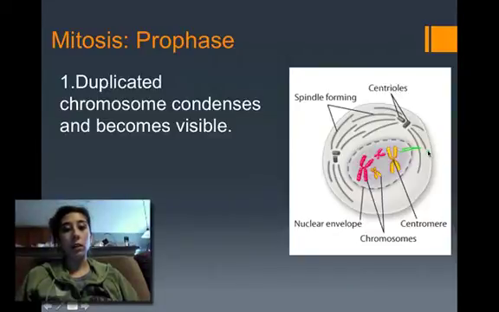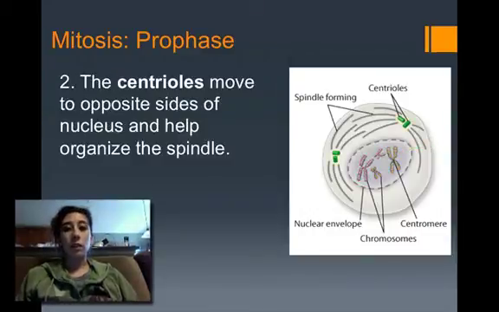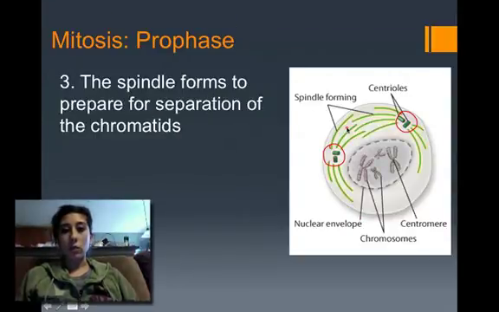We're actually able to see the chromosomes because they have condensed and become visible. During this time, we're going to see those centrioles start to move to opposite sides of the nucleus. And then they help us to form that spindle. Those spindles begin to form, and they're going to help us in the separation of the sister chromatids.